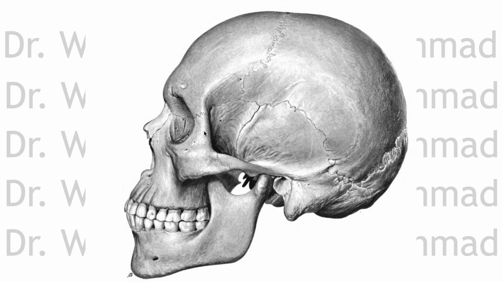We have sutures like the coronal suture, the temporal suture, the sphenoid suture, the lambdoid suture or the occipital suture, and of course in the middle there is the sagittal suture.